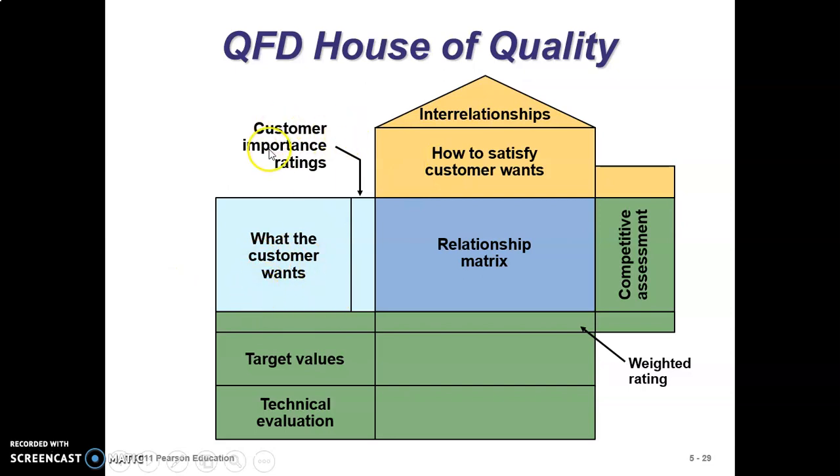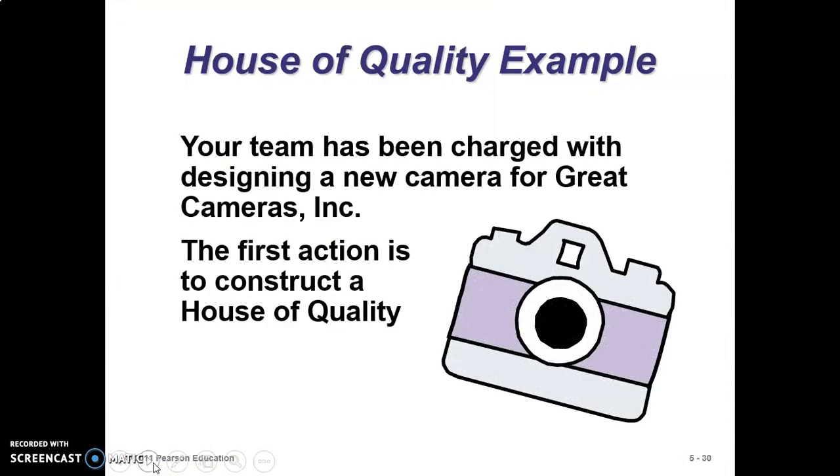And then kita akan tengok juga the importance rating at all these sections. Okay, and also we have target value and technical evaluations. Okay, let's go through what is the example of house of quality.